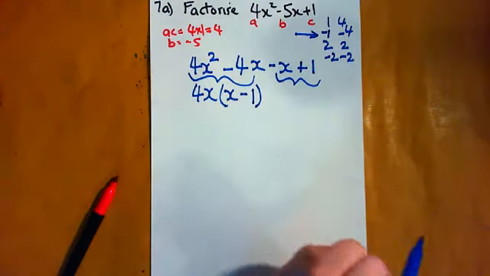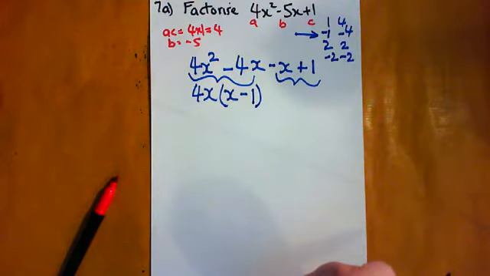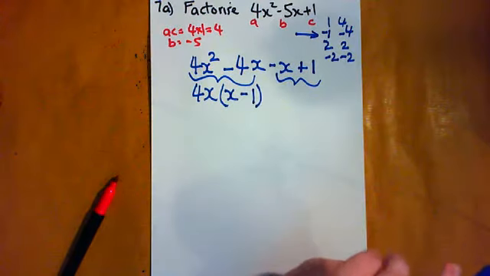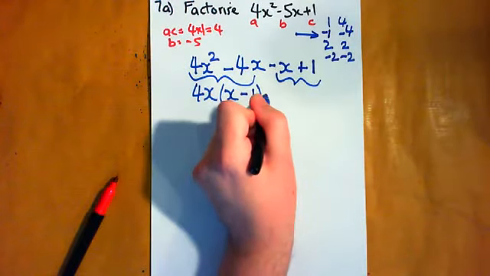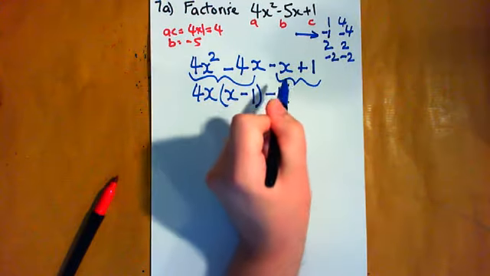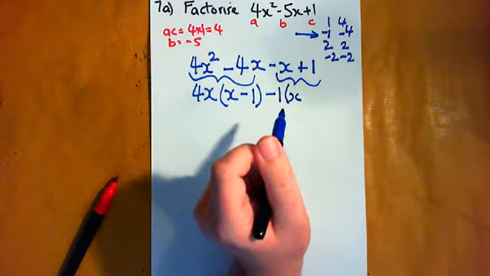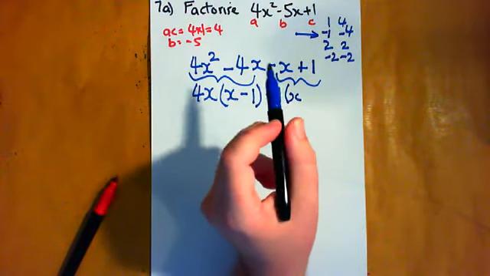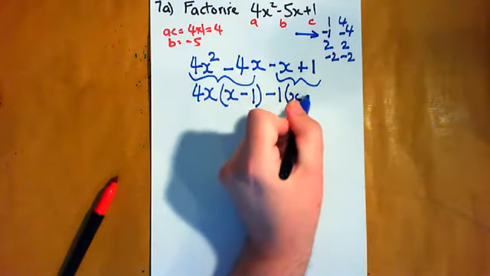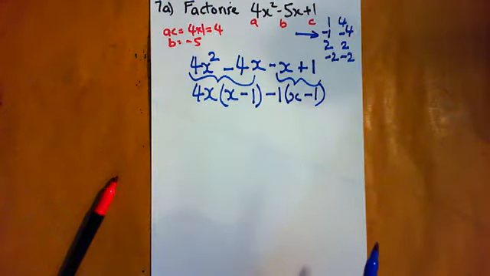Out of this pair, shall I take out a factor of 1 or -1? I want to keep the sign of the third term, so I'm going to take out -1. So -1 times x gives you minus x, and -1 times -1 gives you +1.